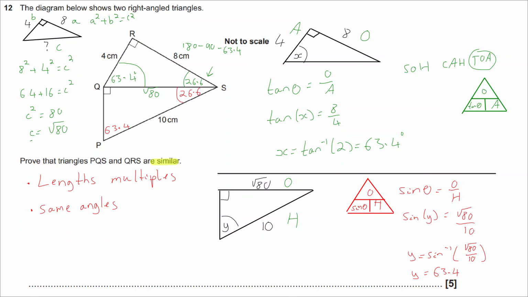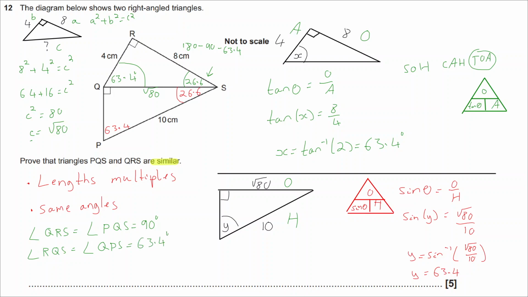Okay, so just to write this formally, in formal notation, let's say that angle QRS is equal to angle PQS, which are both equal to 90 degrees. We've also got angle RQS is equal to angle QPS, which is equal to 63.4 degrees.